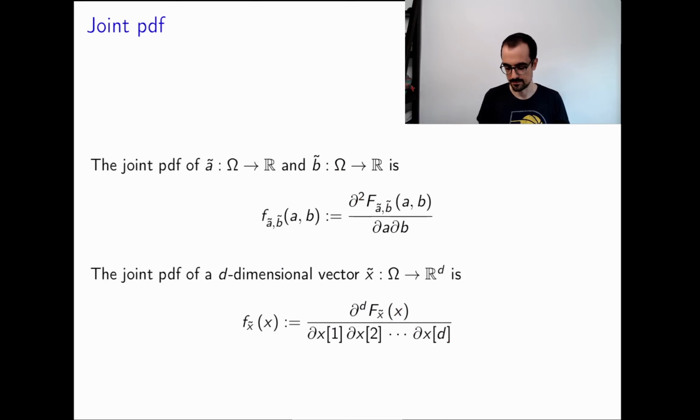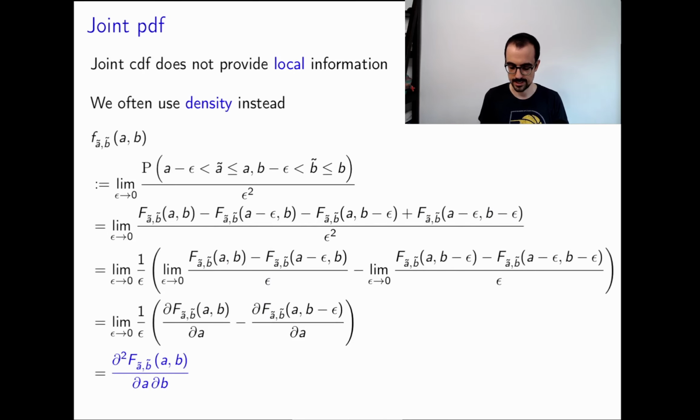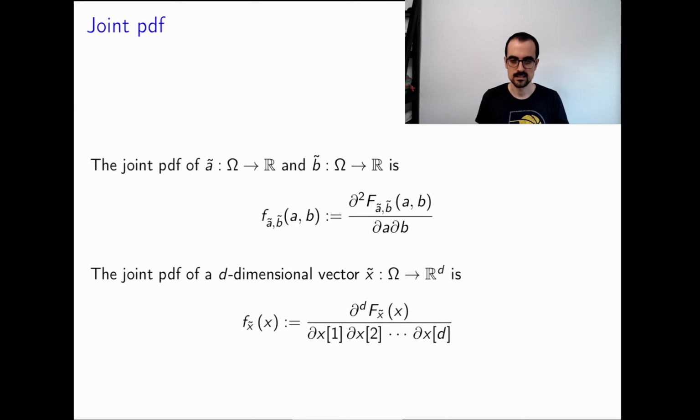Because of this proof that we showed here, you can express the density as the derivative with respect to both coordinates in the case of 2D of the joint CDF, or with respect to every coordinate if you're in D dimensions. This is usually how we think about it. You have your joint CDF, which is a probability, you differentiate, and that's how you obtain the density.